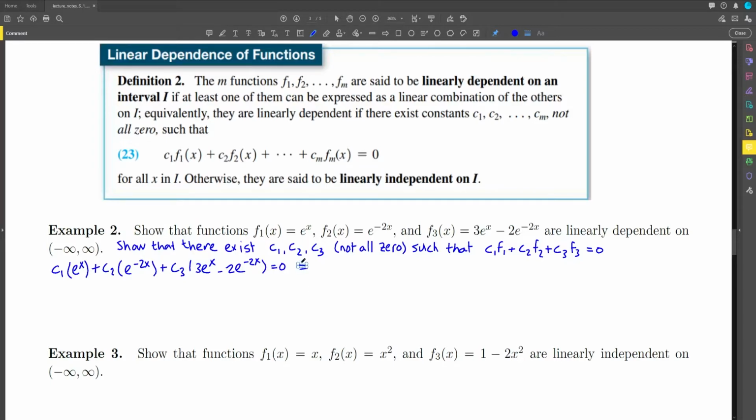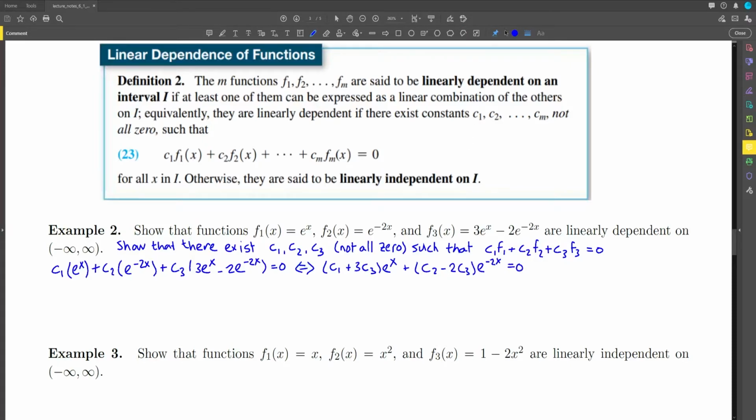Now I can rearrange this so that I get all the terms with e to the power x. And what I see is that you get c1 plus 3c3 times e to the power x, plus c2 minus 2c3 times e to the power negative 2x equals 0.